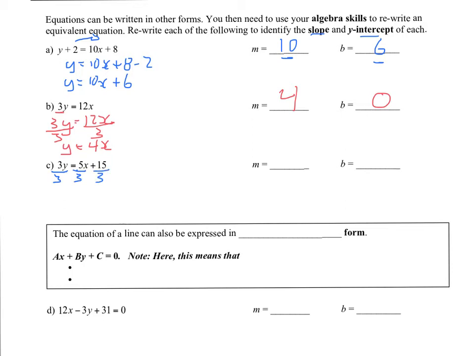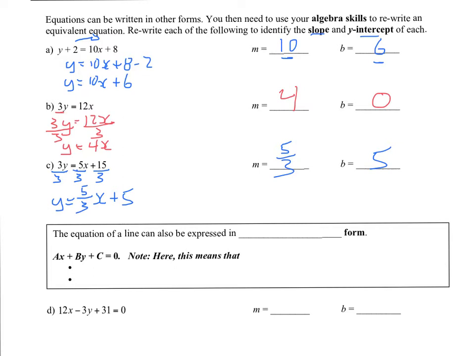So in this case, we finally get y is equal to, and remember, leave it as a fraction because the fraction shows us the rise over the run. Unless it's a money or a science problem, don't put it as a decimal. So 5/3 x, and 3 goes into 15 five times, so it's plus 5. So here we've got our slope of 5/3 and b, our y-intercept, is 5.